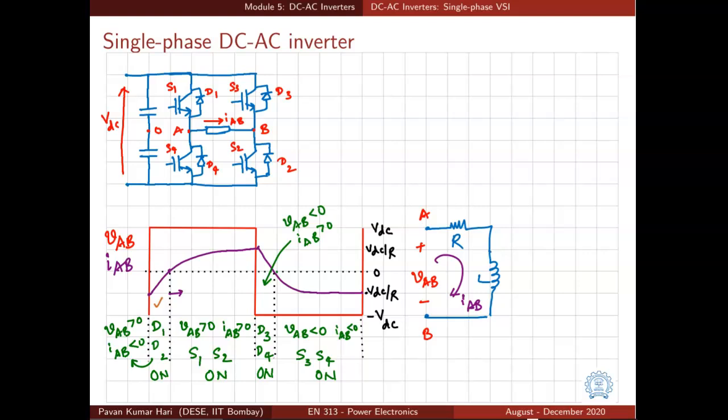And of course VAB does not have zero average value, IAB will also not have zero average value in steady state. So we are looking at periodic steady state. So in periodic steady state, at this particular instant, the current will start at a negative value, because it would have been negative here.